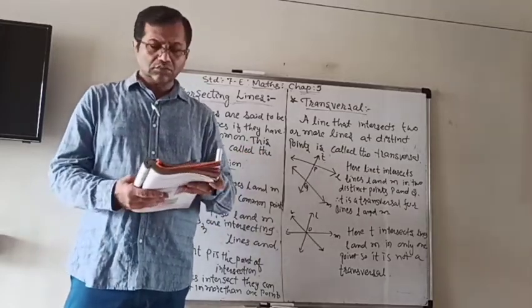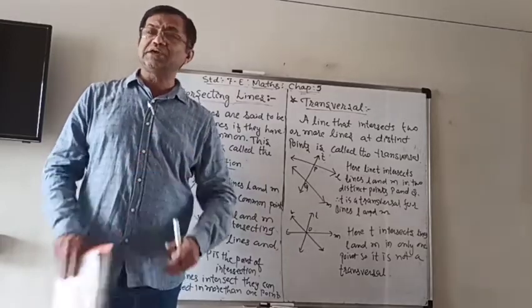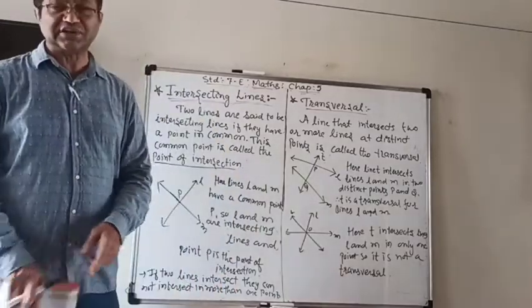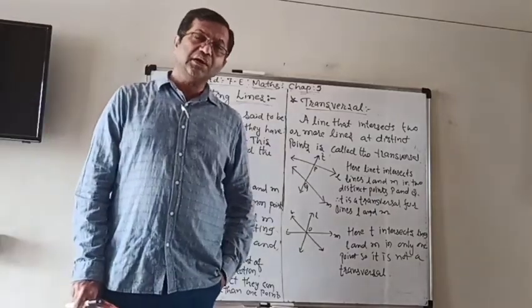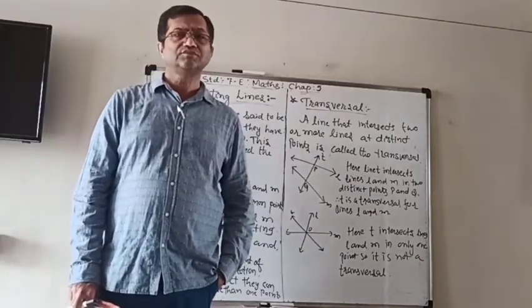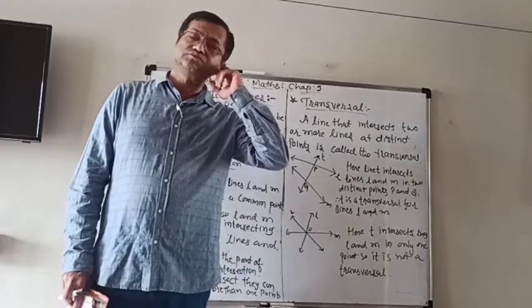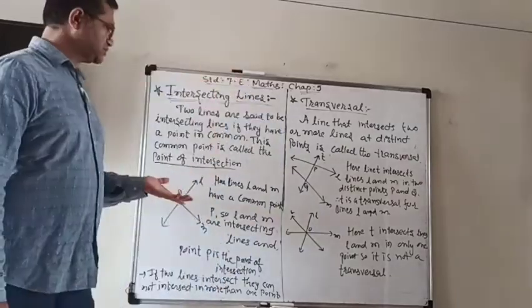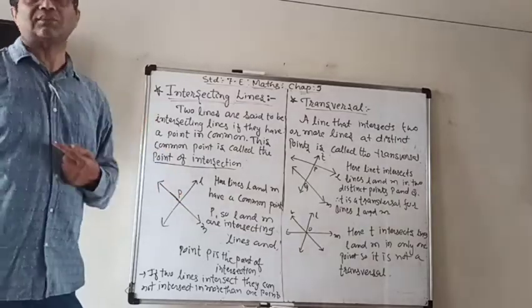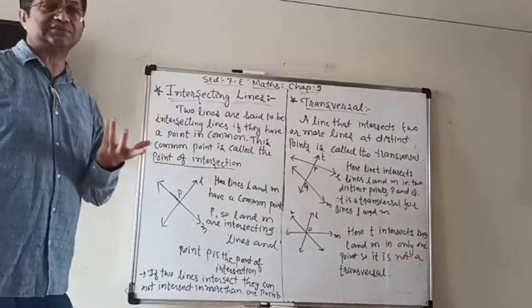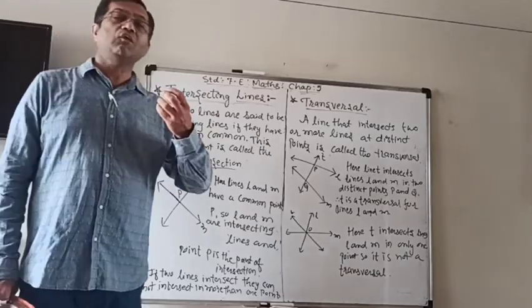Now, the question is that if two lines intersect, can they have more than one common point or not? So you can see that they can have only one common point.